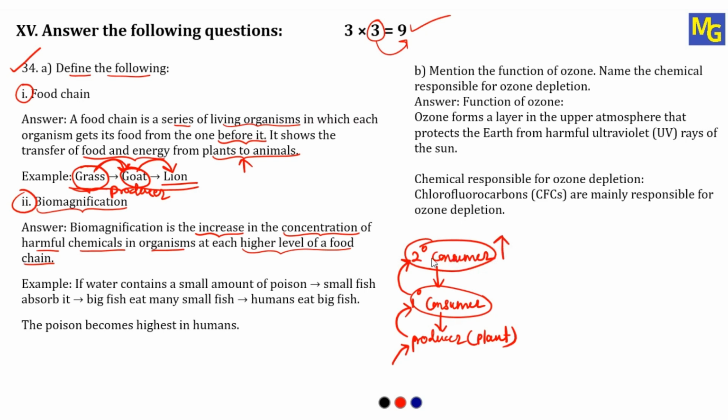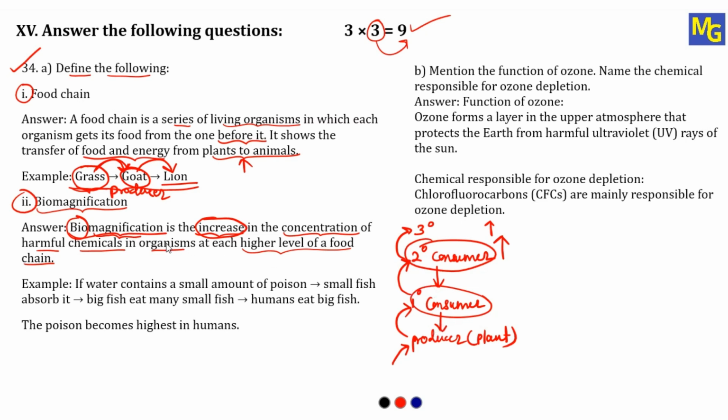Now if the secondary consumers are eaten by a tertiary consumer, then again the harmful chemical concentration will increase in the tertiary consumer. So as we go to higher and higher trophic levels in the food chain, the concentration of the harmful chemical will go on increasing, and this process is called biomagnification. Bio means living, magnification means increasing. So in these living organisms, harmful chemicals will go on increasing. This process is called biomagnification.